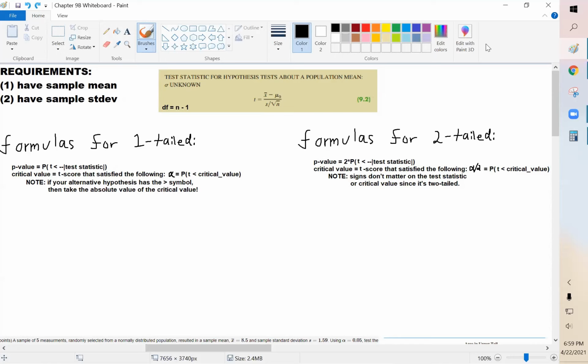So I'll give you a minute to write this down or take a picture. And then we'll go and do our examples. And then we will be done.